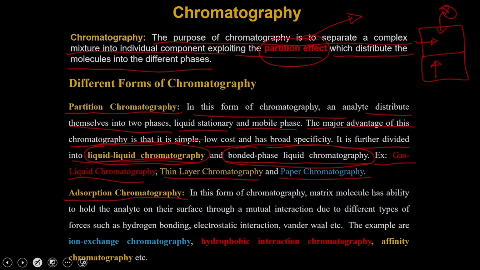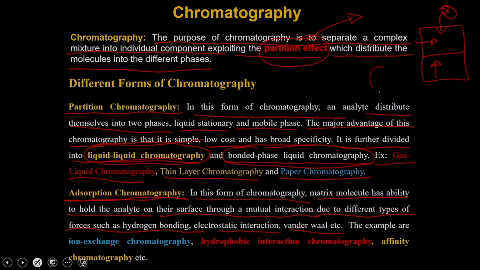Now, the second way in which you can partition the molecule is called adsorption chromatography. In this form of chromatography, the matrix molecule has the ability to hold the analyte on its surface through mutual interaction due to different types of forces such as hydrogen bonding, electrostatic interactions, van der Waals, etc. In adsorption chromatography, you have small beads on which you have functional groups.